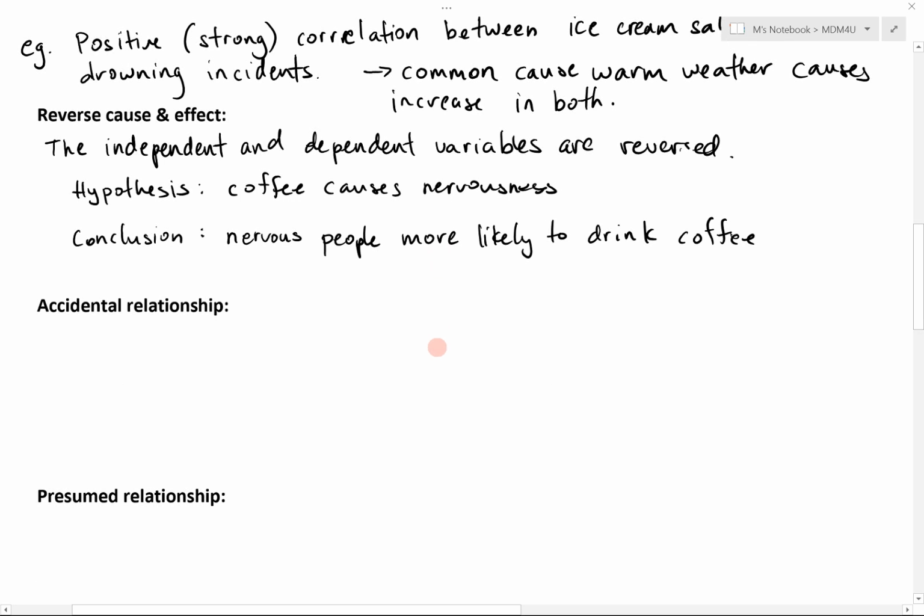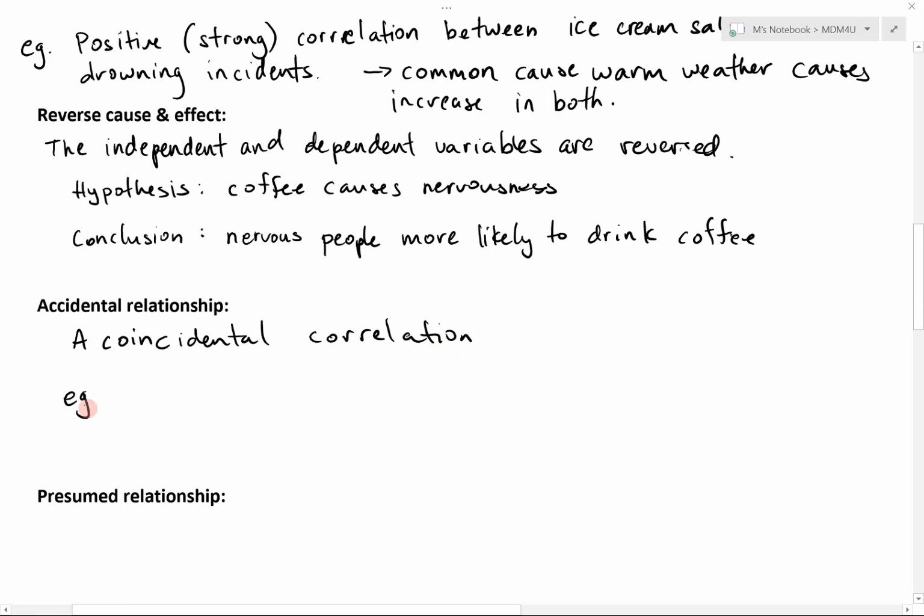The fourth kind is the accidental relationship, and this is just a coincidental correlation.